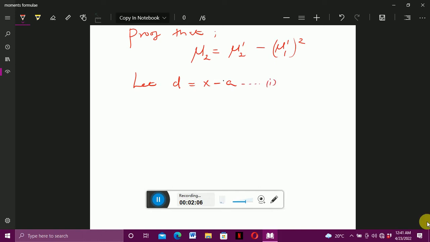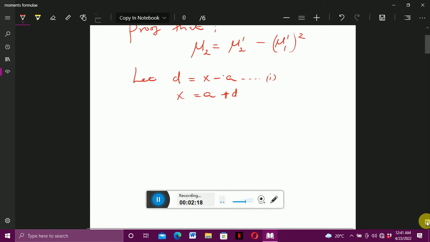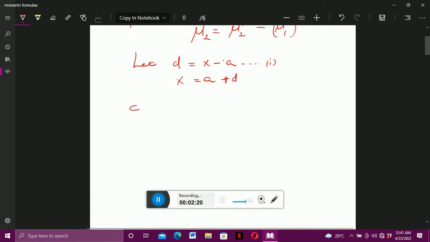We call that 1. The same, we can write it as x is equal to a plus d. We label that as 2. So we consider, first of all, 1.